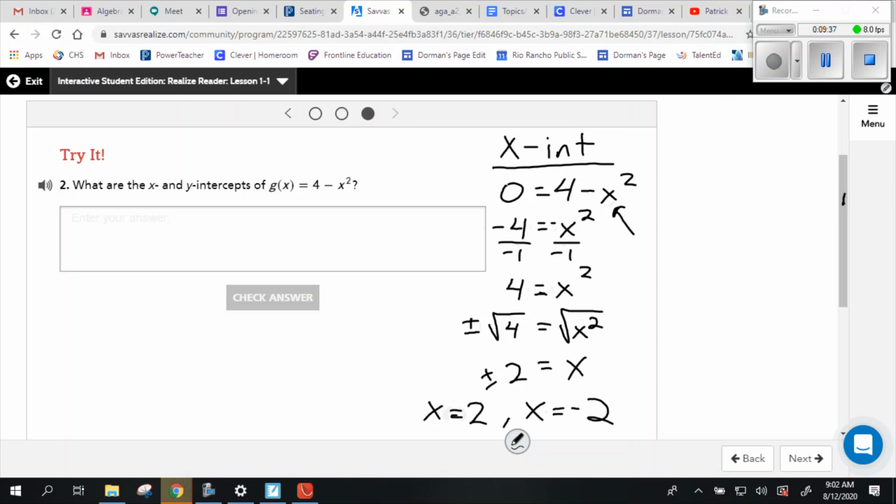Awesome. How about the y-intercept? Well, we said for a y-intercept we were going to let x equal 0. So I'm just rewriting the problem there.